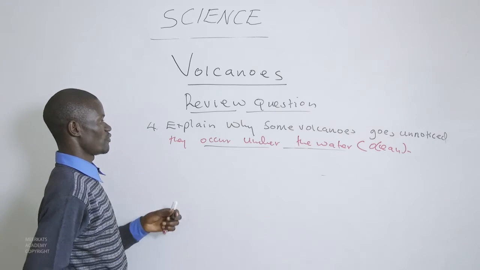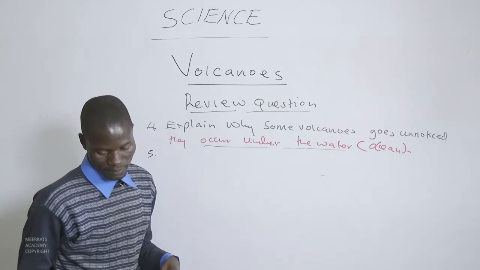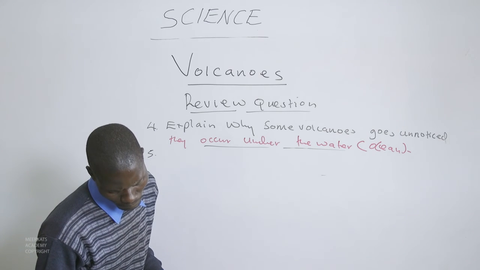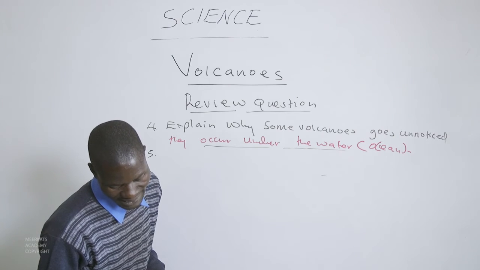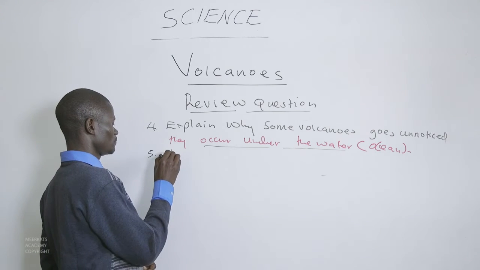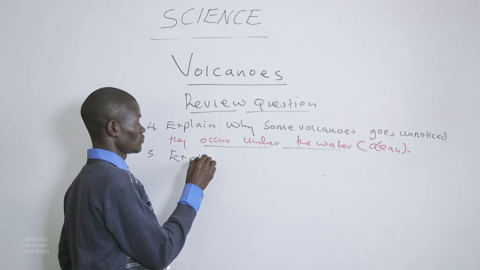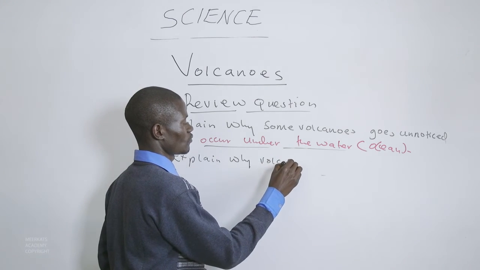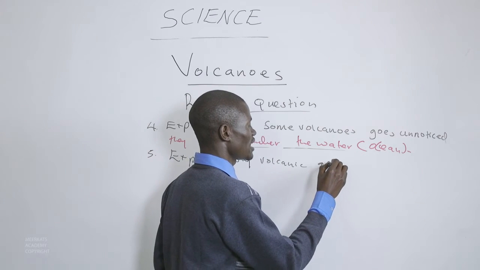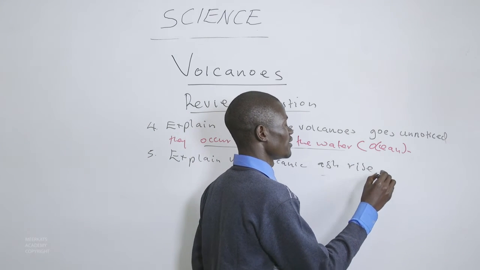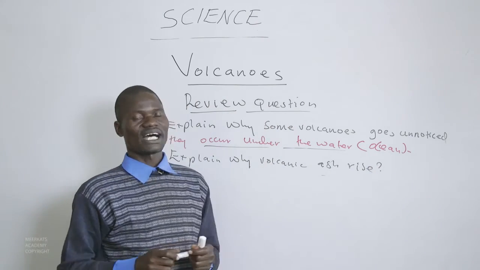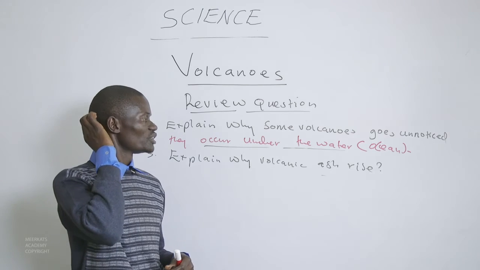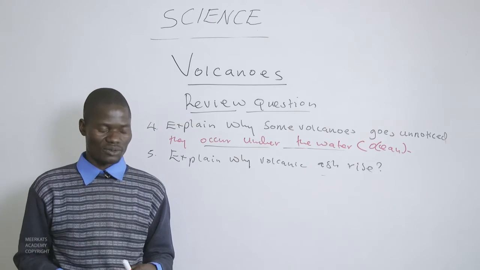When we look at question 5, the question asks us to explain why volcanic ash rises. Why does the volcanic ash rise high in the air, or the volcanic cloud rise to form a cloud?